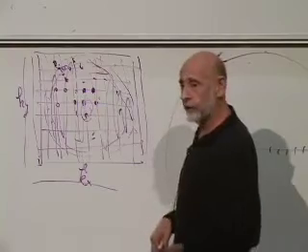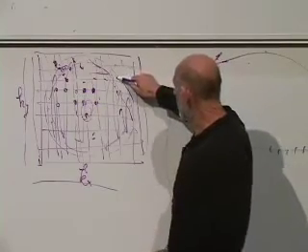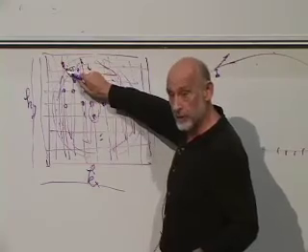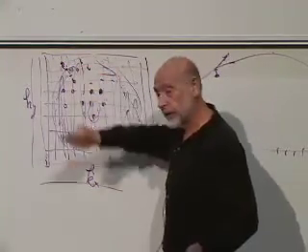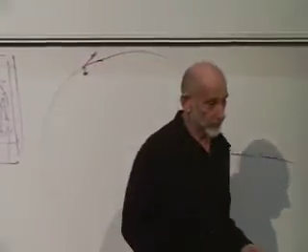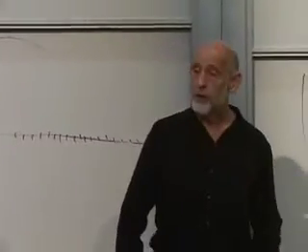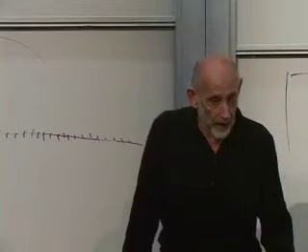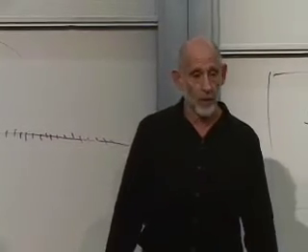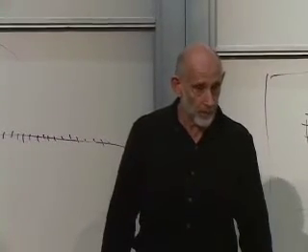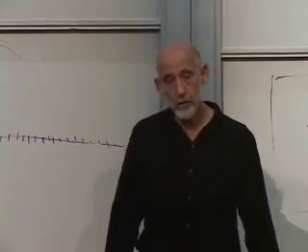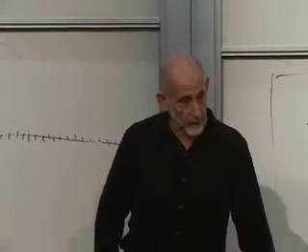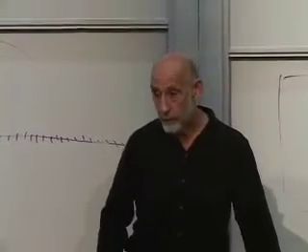All it can do is be absorbed by an electron near the Fermi surface and kick it just above the Fermi surface. Another language is the photon has annihilated and been replaced by a particle, an electron and a hole. So it's particle-hole creation by taking the energy from a photon.